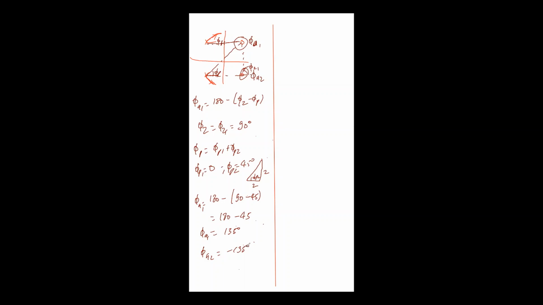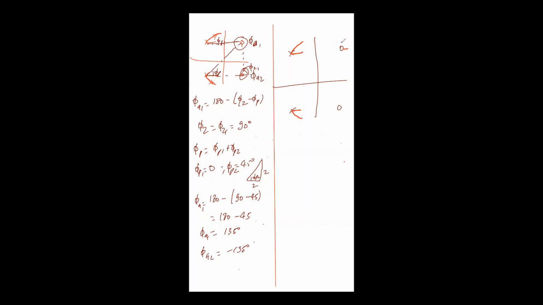So what we can do is draw the final root locus. One pole, another pole. This is 0, this is 0. The angle for this is 45, the angle for this is minus 45, and the angle for this is 135.